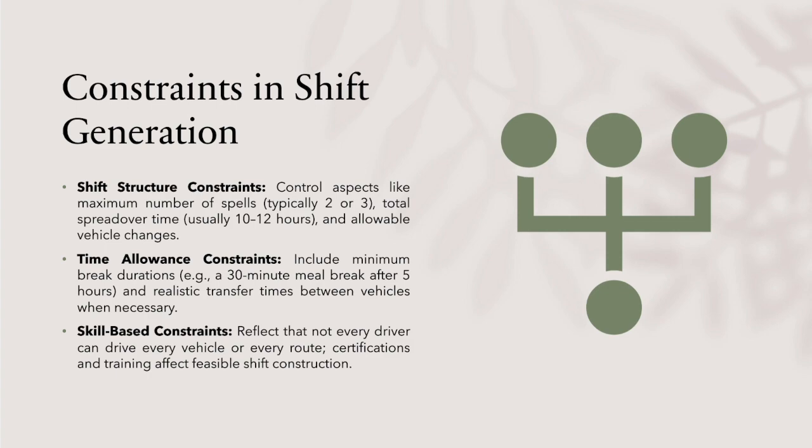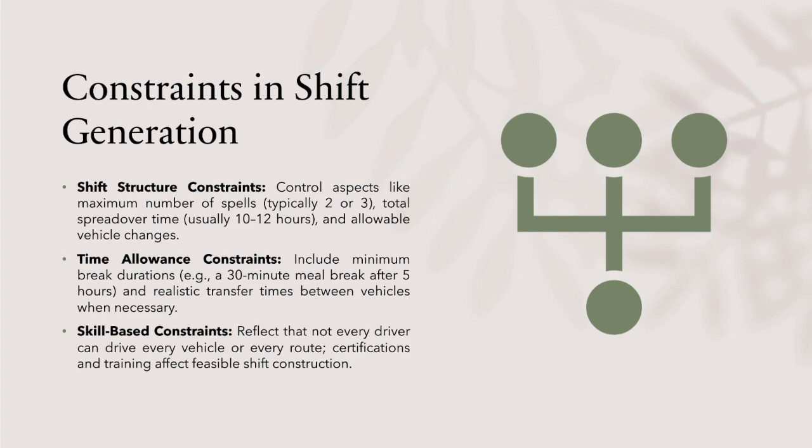Now let's look at the constraints involved in shift generation. Constraints are absolutely vital to generating shifts that are workable in practice. Structure rules like maximum spells and maximum spread over limit driver fatigue and ensure compliance with labor laws.